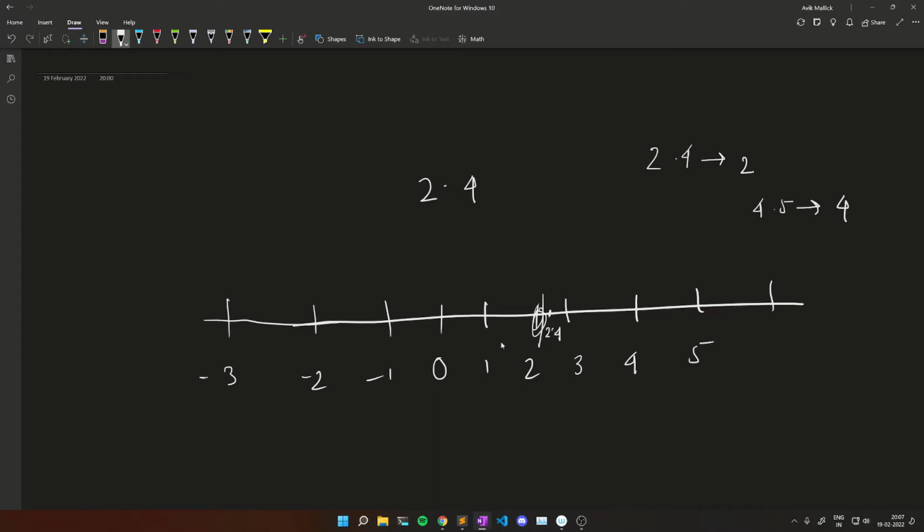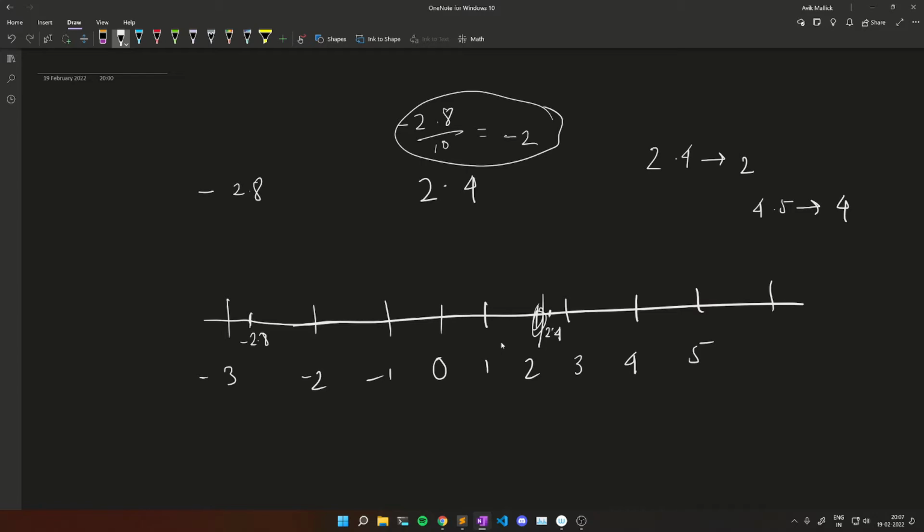But when we are given a negative number, let's say minus 2.8, which will be somewhere here. In this case if we just simply do the division of minus 2.8 by 10, our answer will be minus 2, right? But this is not the correct answer. Why so? Because we have to give the maximum integer value which does not exceed the given number x.